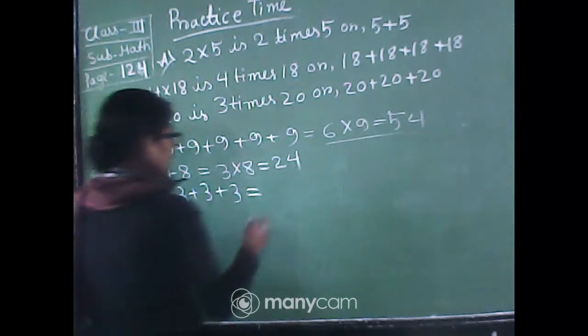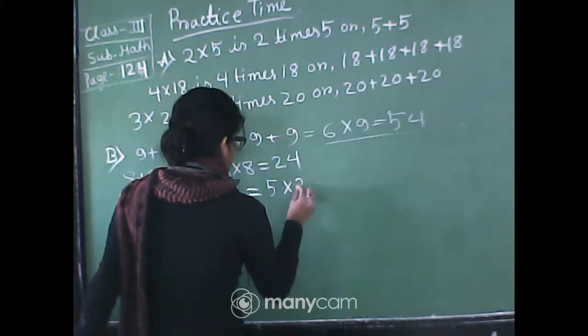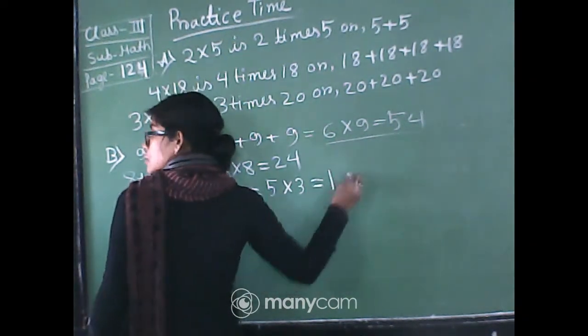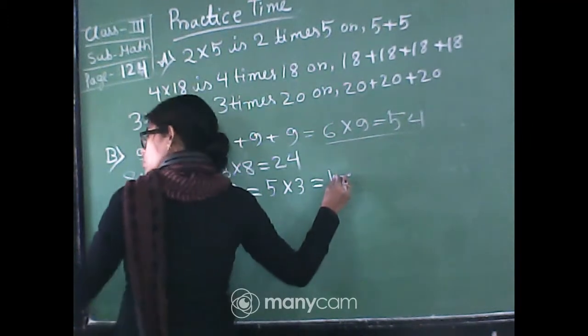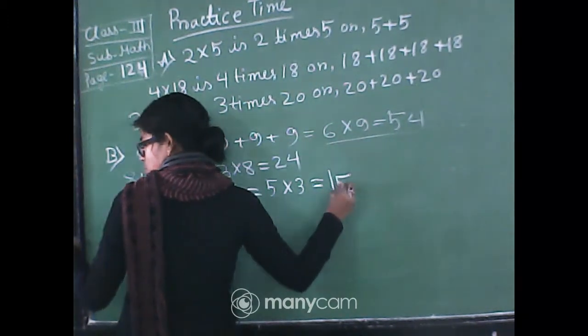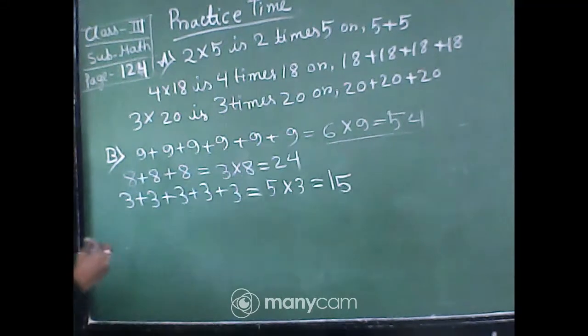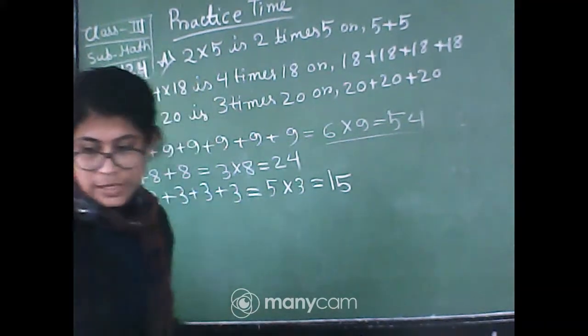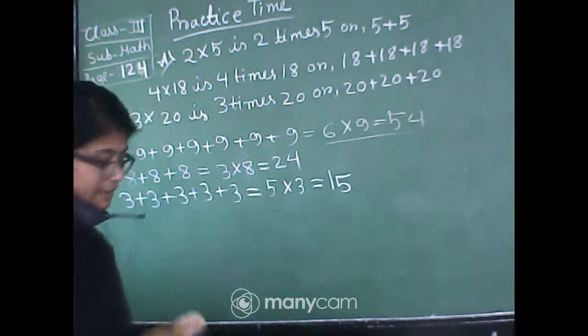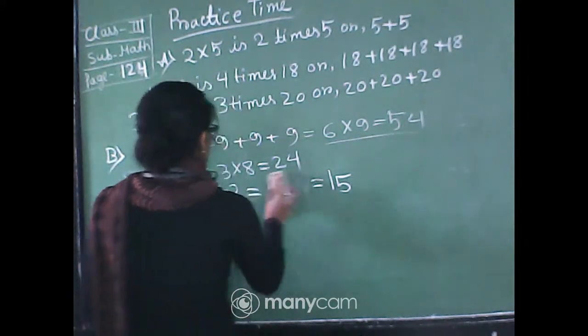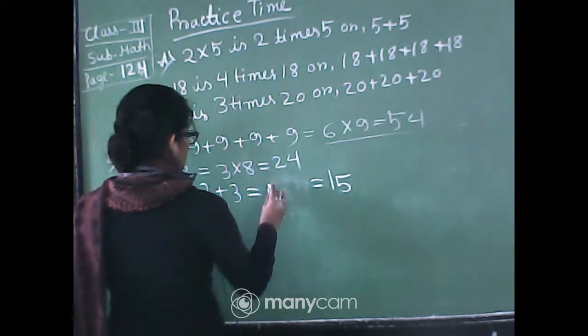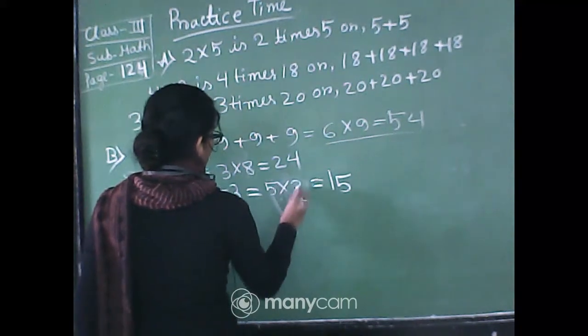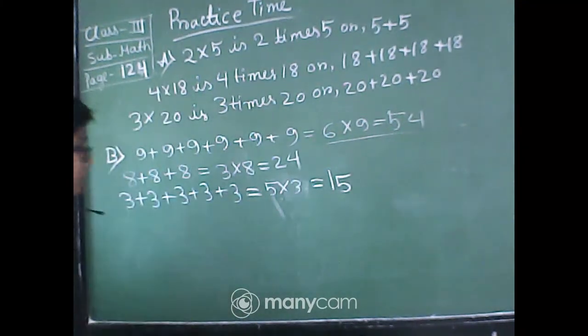So 5 into 3. Listen, this one is not wrong. Okay? 5 into 3. As we write in the same pattern, you can write it like that, 5 times 3. Okay? 15.